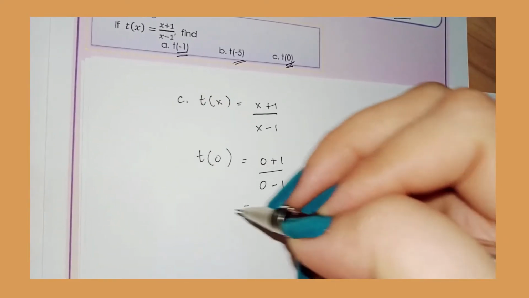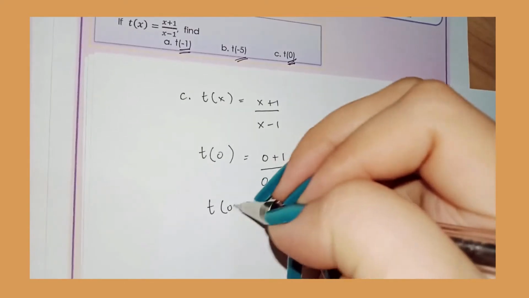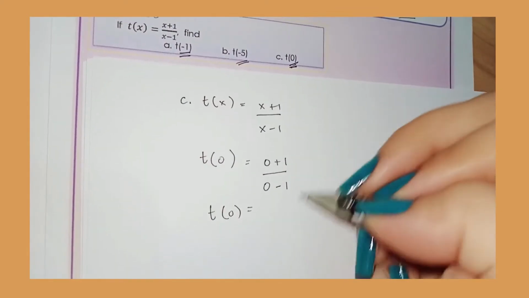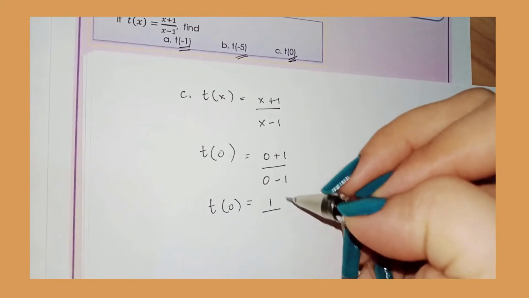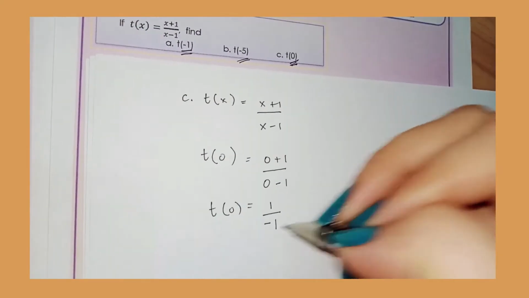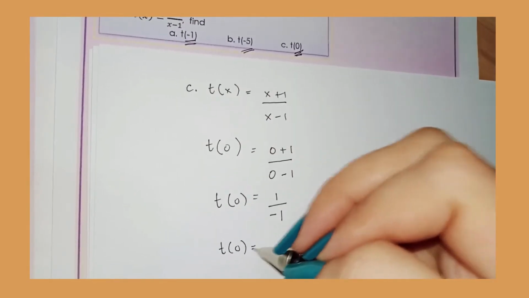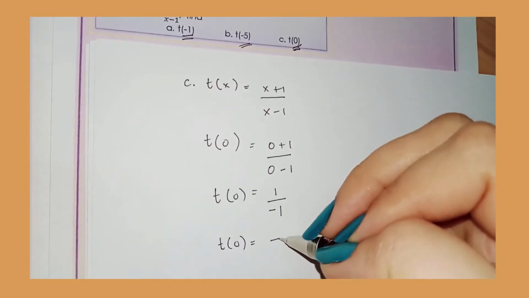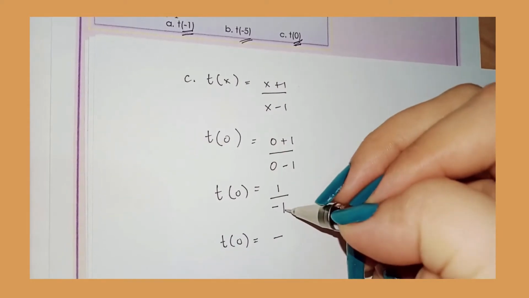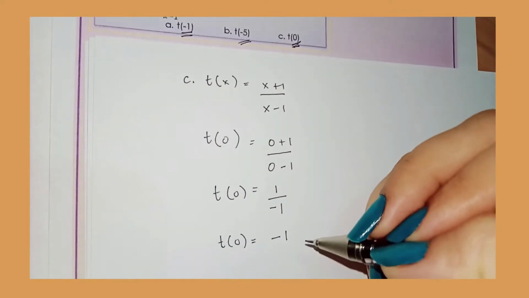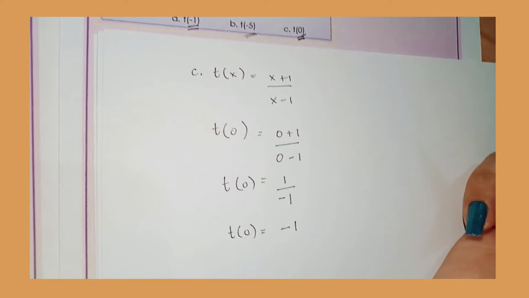And then, simplify natin. 0 plus 1 is 1 over 0 minus 1 is negative 1. Simplify ulit natin dahil magkaiba sila ng symbol, magiging negative ito. 1 divided by 1 is 1. So, this will be our final answer for letter C.